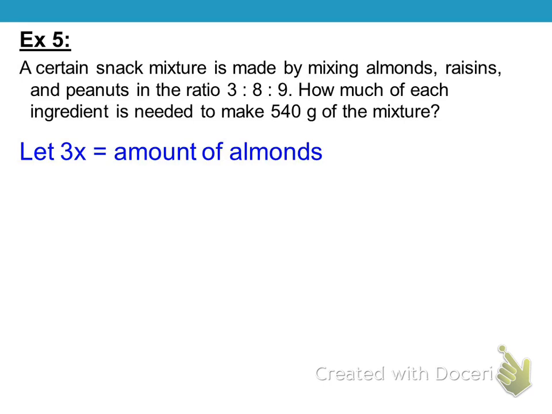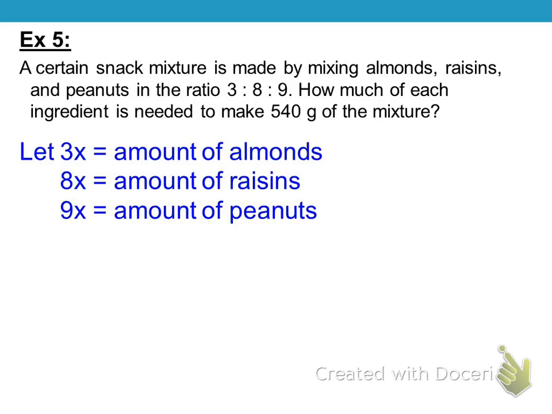All right, so we're just going to write out the amounts with the ratio, okay? So 3x is the amount of almonds, 8x is the amount of raisins, 9x is the amount of peanuts. And when I add each of those together, because you're mixing them together, right?